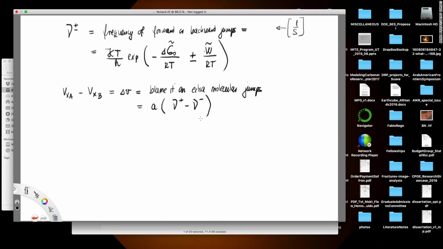Okay. Then what is my dvx/dy, which I'm hoping to relate to tau yx? dvx/dy by definition is approximated as vxb minus vxa, because my B layer was higher in y than A, divided by delta.